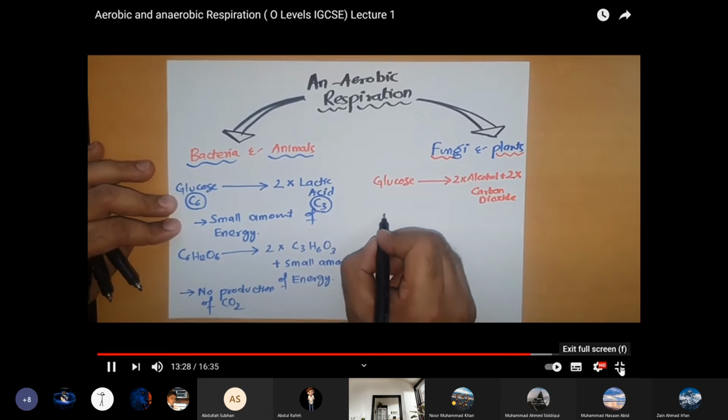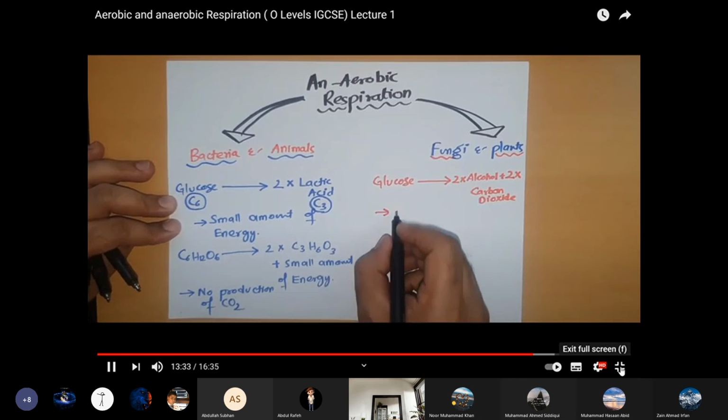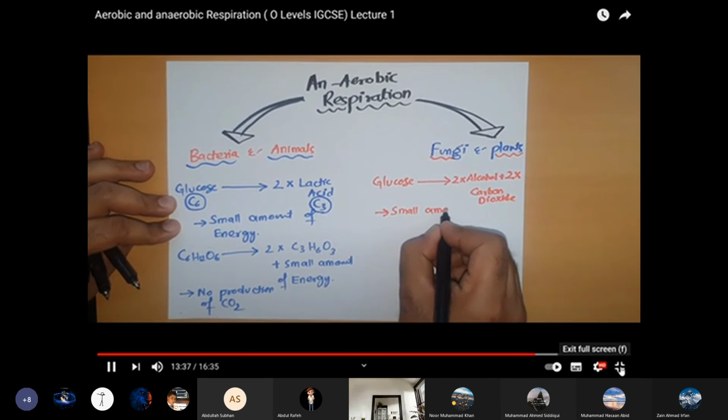Now, one more thing which I will mention, which is similar in both aerobic and anaerobic respiration, is that a small amount of energy will be produced.